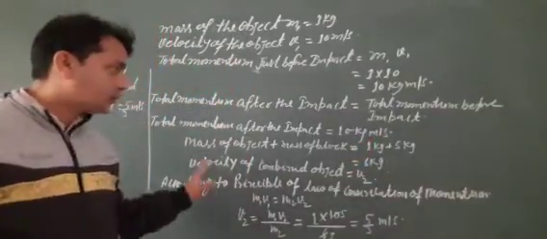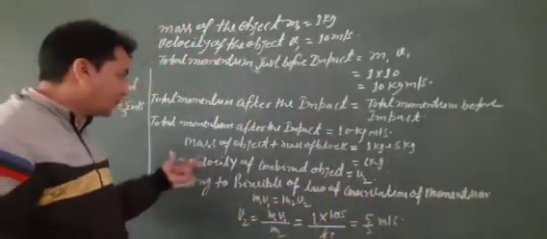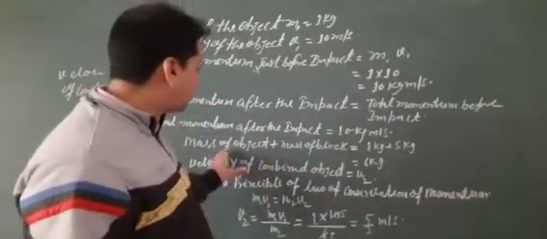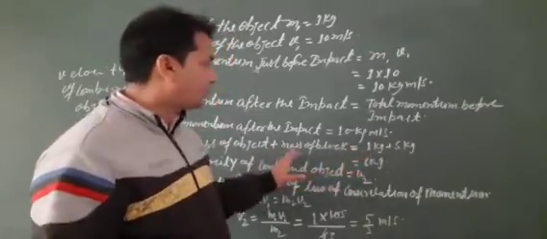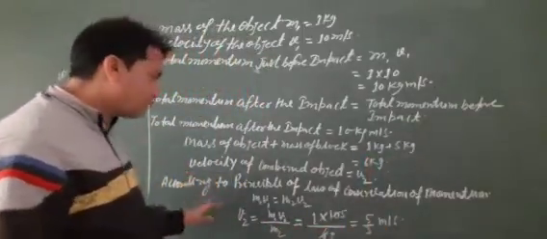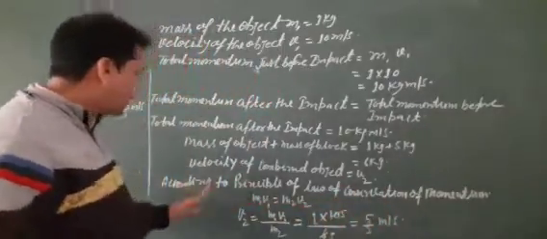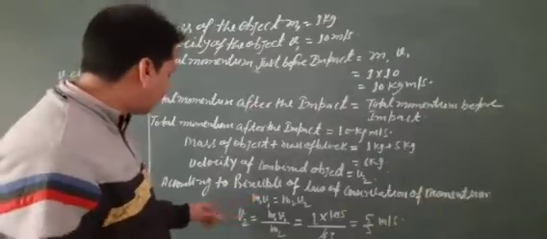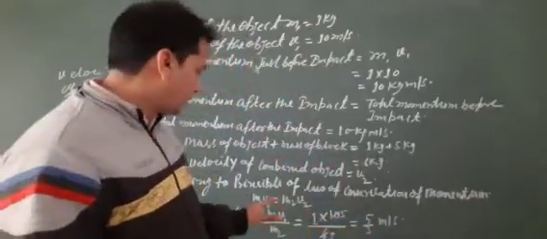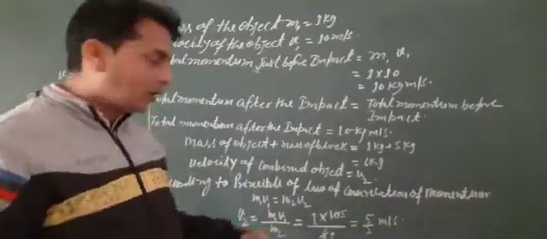Next, what is the velocity of the combined object together? First we can write the mass of the object plus the mass of the block. Mass of the object is 1 kg and mass of the block is 5 kg. Then 1 plus 5 is 6 kg. So the velocity of the combined object, suppose v2. Here we apply the law of conservation of momentum. According to the principle of conservation of momentum, the total momentum before the impact is the same as after the impact.